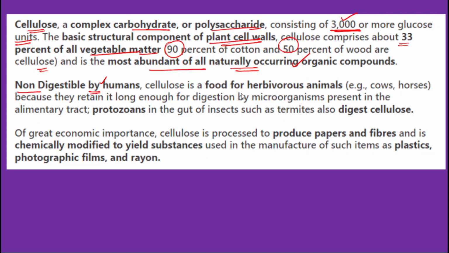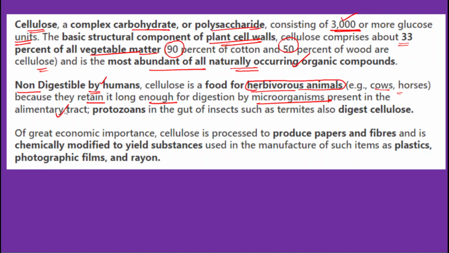Cellulose is a food for herbivorous animals, for example grass-eating animals like cows and horses. However, cellulose is non-digestible by human beings, because herbivores retain it long enough for digestion by microorganisms present in the alimentary canal.